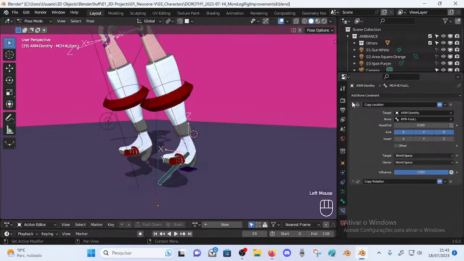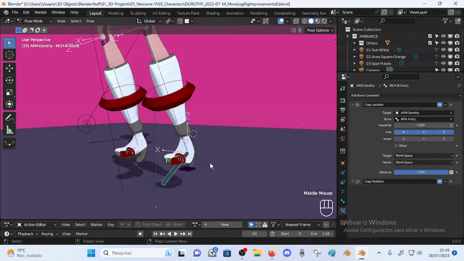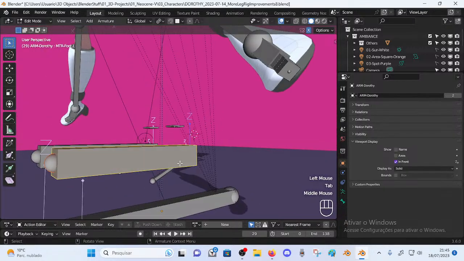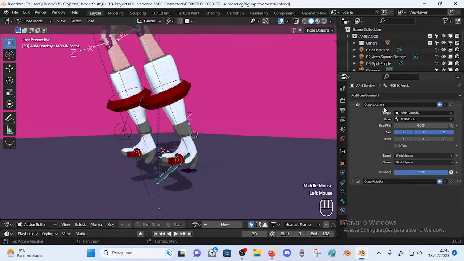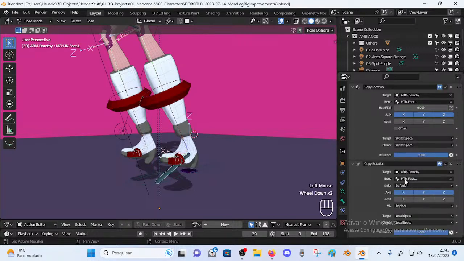So what's happening here is that this has a copy location on that one. So it will follow first of all, that's very simple on the head, and then it has a copy rotation, on local space.